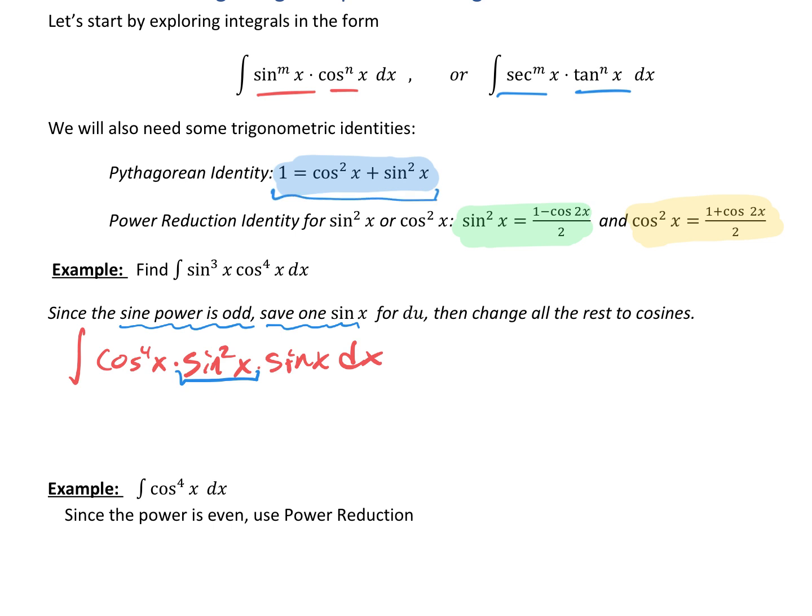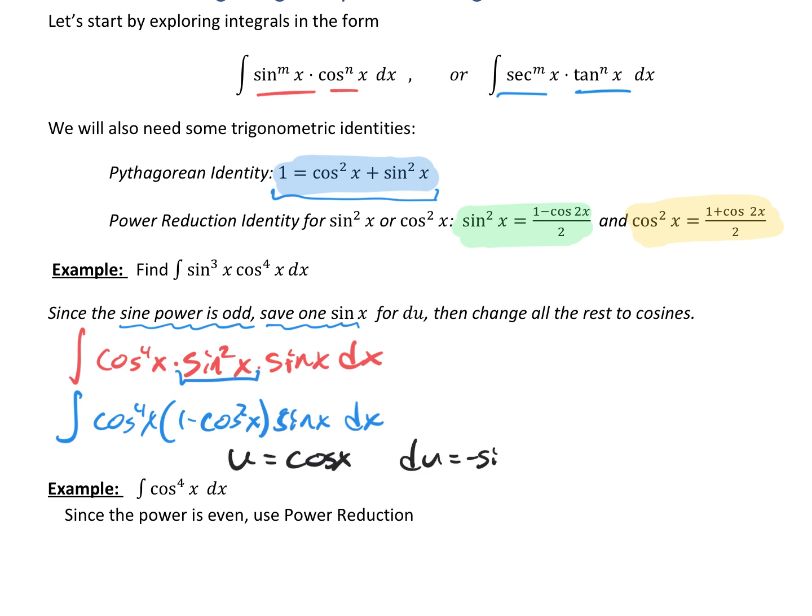So we have cosine to the fourth of x times 1 minus cosine squared x times sine x dx. Let's let u be cosine of x, and that means du is negative sine x dx. The derivative of cosine is negative sine.